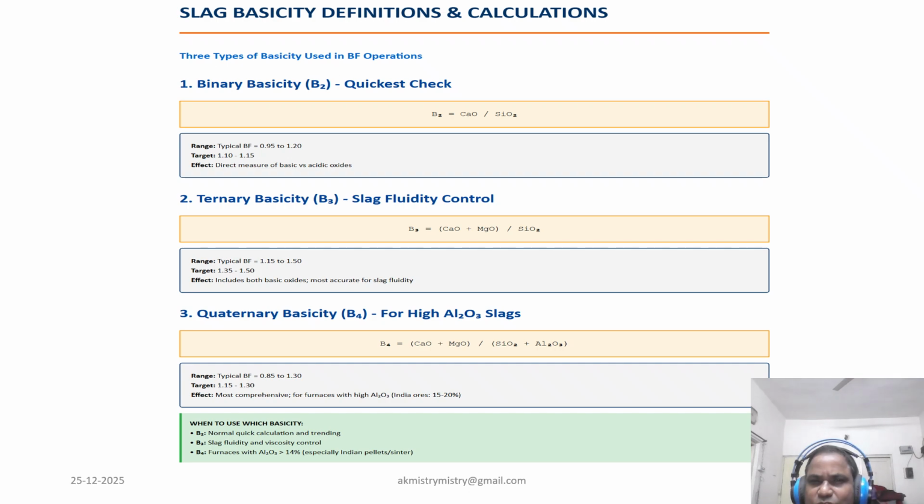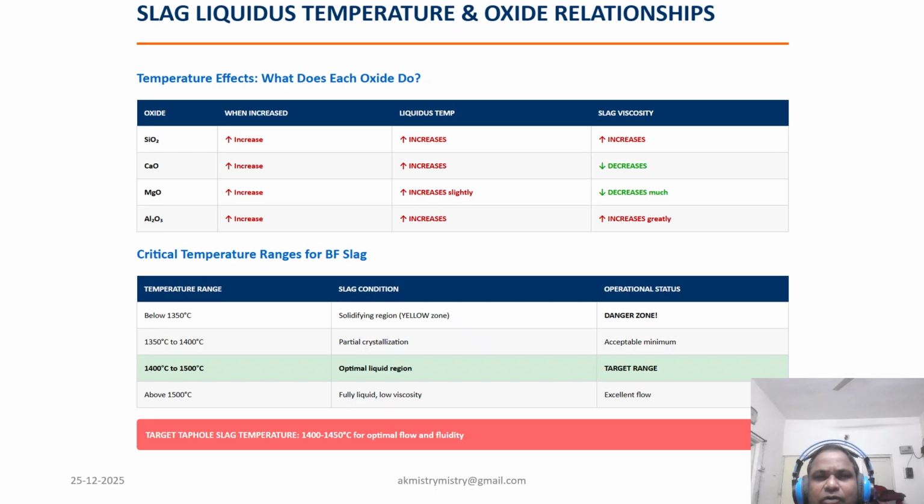Now use B2 for trending, B3 for casting, and B4 when alumina exceeds 14%, as the detailed information is already displayed in the slide.